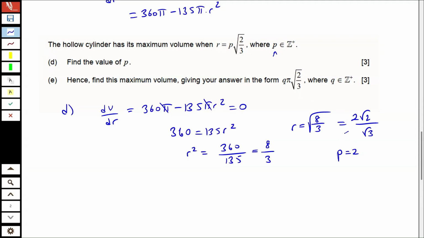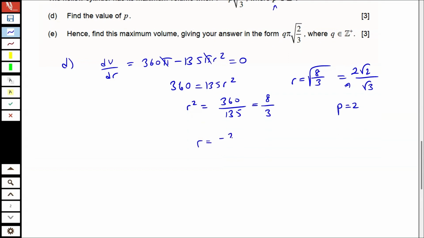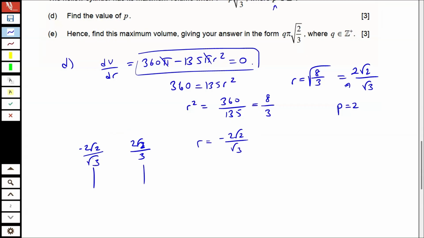But how are we going to know that this is the maximum point of this function? There is also negative 2 times square root of 2 over square root of 3. So if we write these values in a sign table, you can decide which one is maximum and which one is minimum. For example, this is our function.